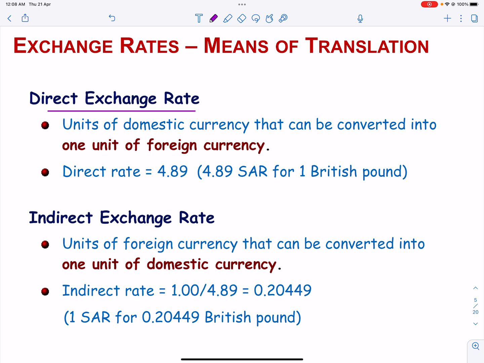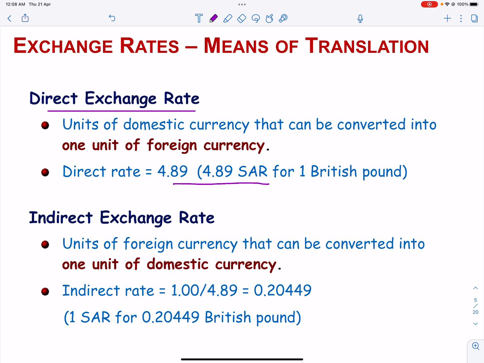It is how many Saudi riyals equal to 1 unit of foreign currency, like 4.89 Saudi riyal is equal to 1 British pound. It can also be said that a Saudi firm needs 4.89 Saudi riyals to buy 1 pound of British currency.